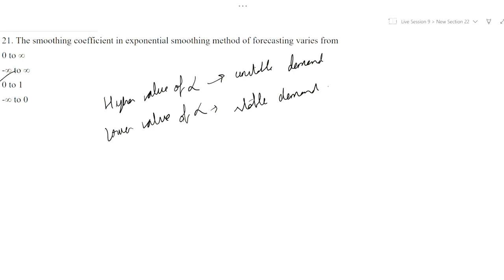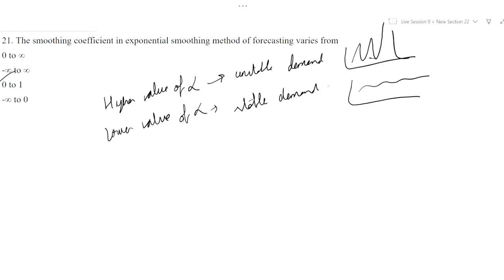And with a smaller value of alpha, there will be a higher smoothing effect. Suppose here the graph will be like this. And here the graph will be like this. So here less number of demand points are used while computing, while here more number of demand points are used while computing.